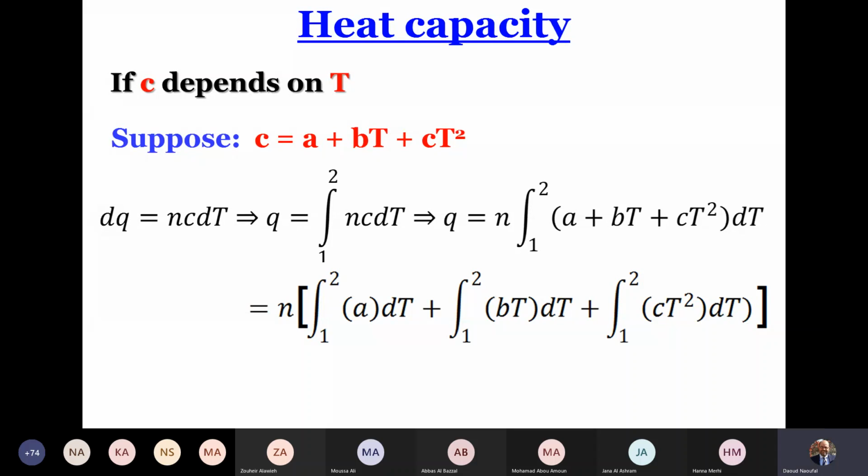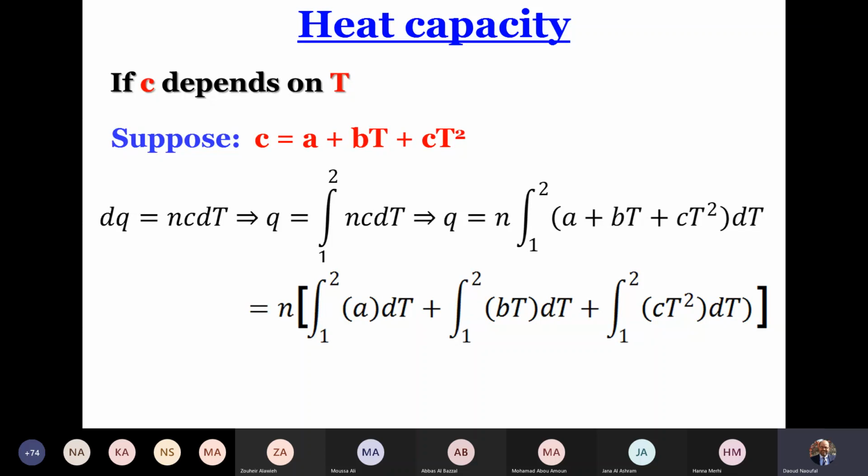If C depends on the temperature, you cannot put C outside the integral. You have to put the relation between C and temperature, the function of the temperature, and you solve the complete integral of the function f(T) times dT.